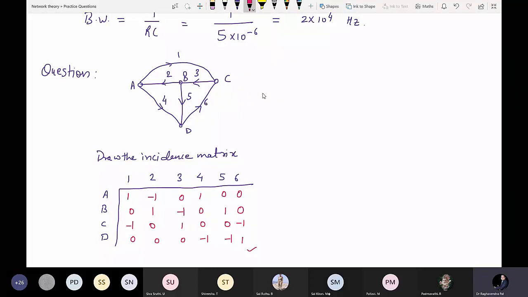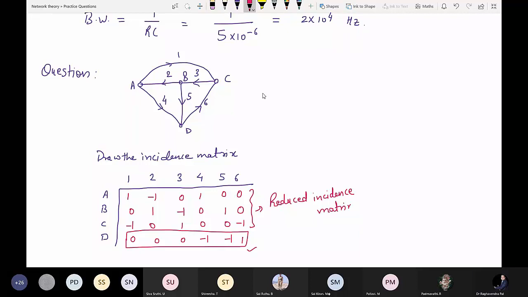Any one row you can remove. Suppose we have removed this row. Whatever is remaining is the reduced incidence matrix.